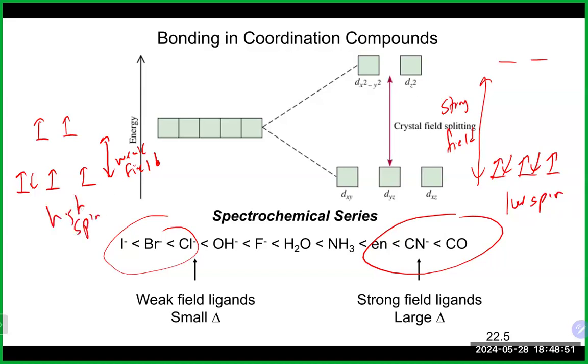Now, what about the ones in the middle? Sometimes they will tell you to do it for the high spin complex or the low spin complex, or they'll tell you to do it for strong field or weak field, and that will basically give you directions. Sometimes you may not even get any information, and a lot of times in those cases, it doesn't really matter. You could do strong field or weak field, and you'll end up with the same.